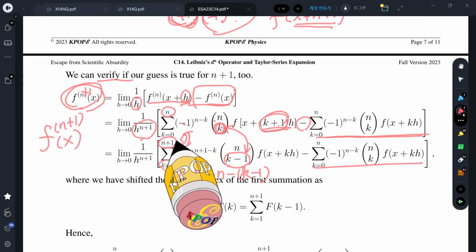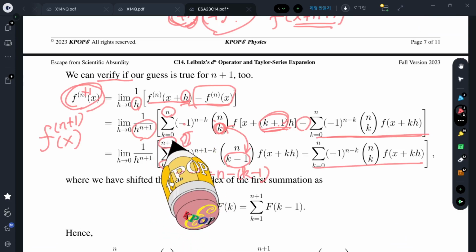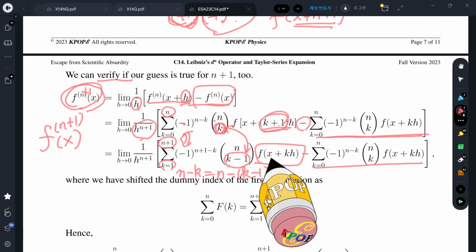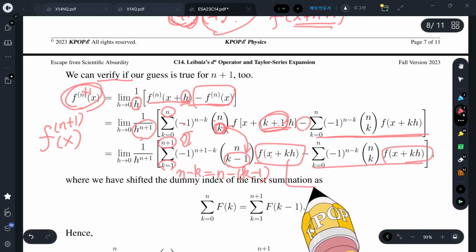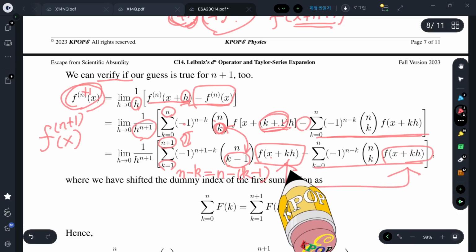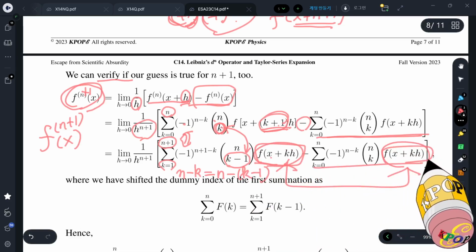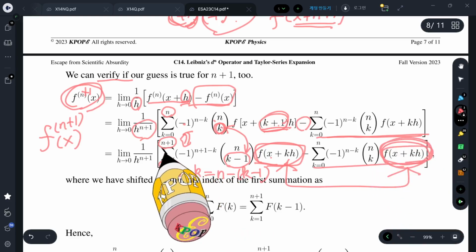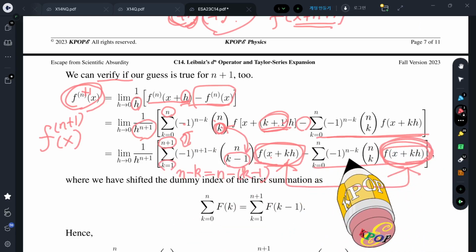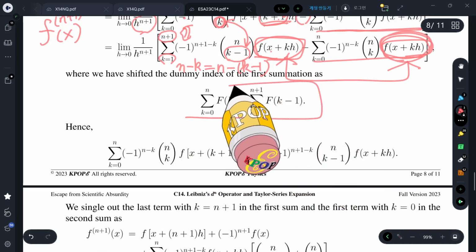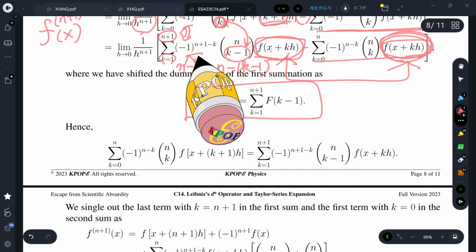Now, because of these treatments, the argument of function f, these two are the same now. So the next job is to factor these out and simplify the complicated sum. Okay. This is what I have made use of, rearranging the first sum.